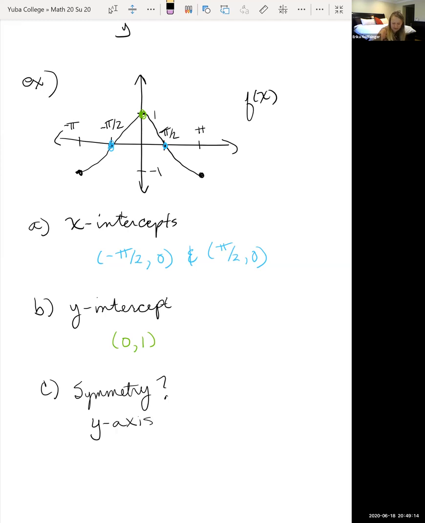I notice if I flip it here though, that's not going to give me the same thing. But if I flip it, let's see, is that going to give me the same thing? So it's only symmetrical to the y-axis.